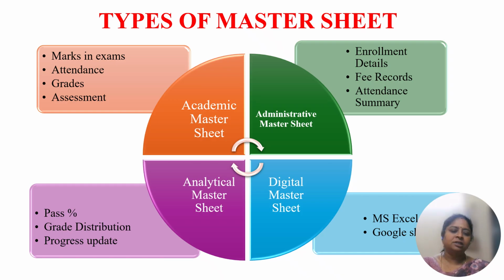In case of analytical master sheets, the pass percentage, grades, distribution, and updation about progress of each and every student is being recorded. In case of digital master sheet, it has been maintained in an Excel sheet or Google Sheets for future usages.